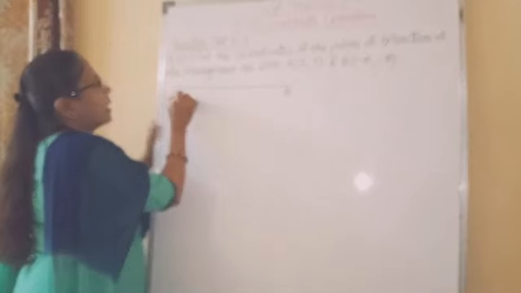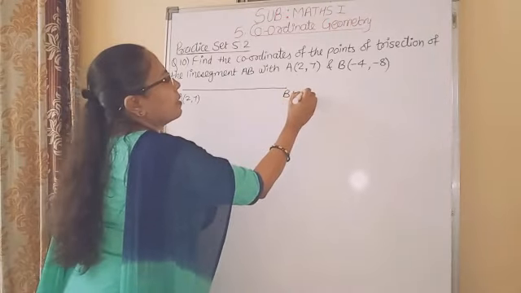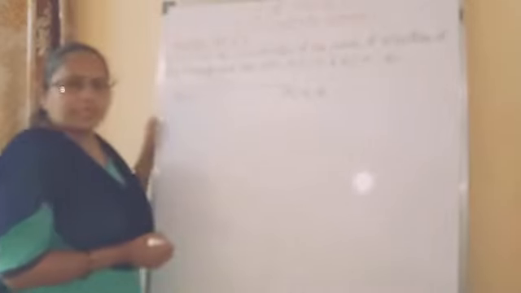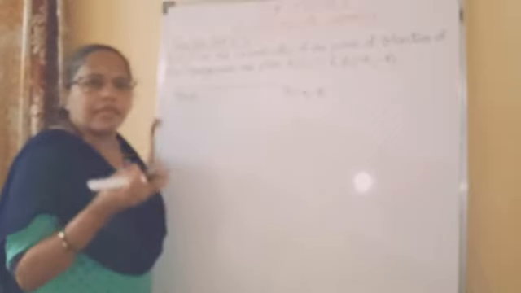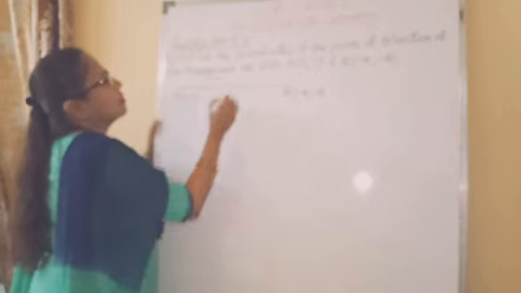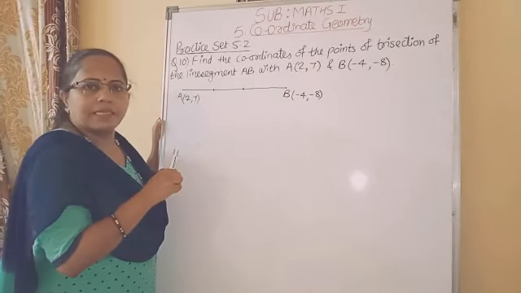Coordinates of point A are 2, 7 and coordinates of point B are minus 4, minus 8. And this segment is trisected. Trisected means the segment is divided into 3 equal parts. So 1, 2, 3.